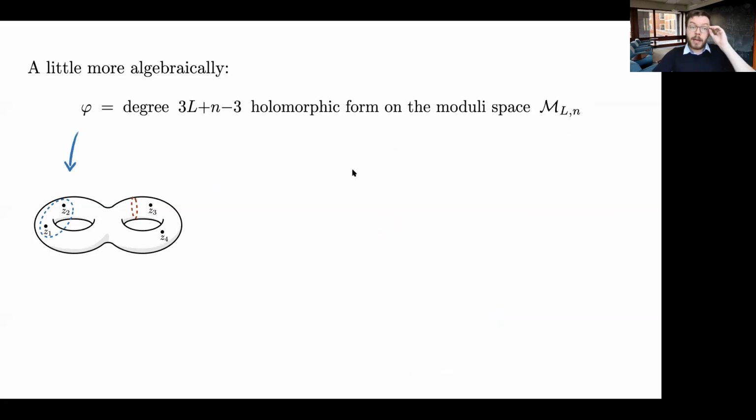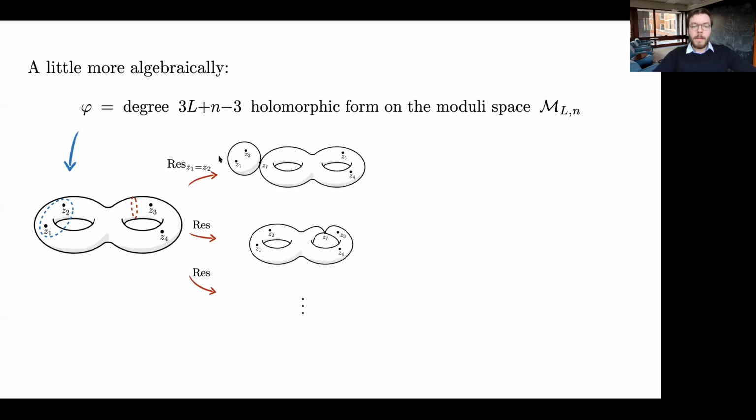So now we would like to approach this problem a little bit more algebraically. So what we're going to do is put a differential form. It's going to be a degree 3L plus N minus 3 holomorphic form on the moduli space M_{L,N}. So the analog of taking boundaries is now taking residues of this differential form. And in the simplest case, this would be the residue when two punctures are equal.